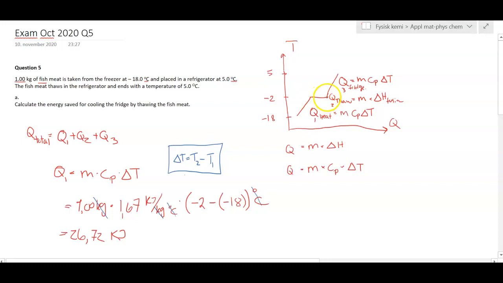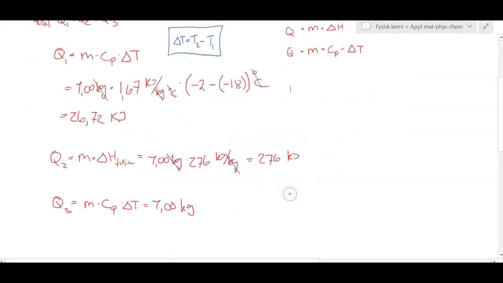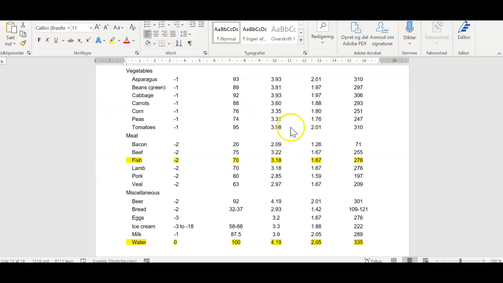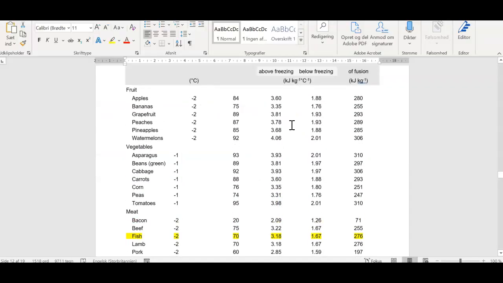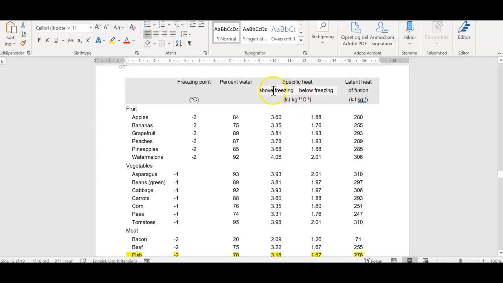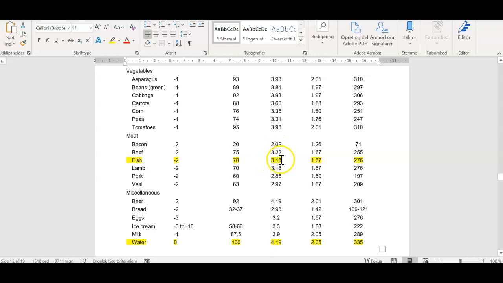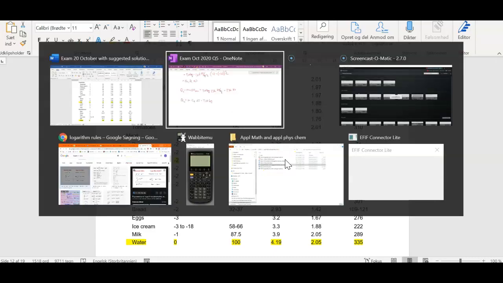So at this stage, Q3, the specific heat capacity is now a different value. So we go to the table here, and we see the specific heat capacity above freezing point. So that is this column here. Then it is 3.18.